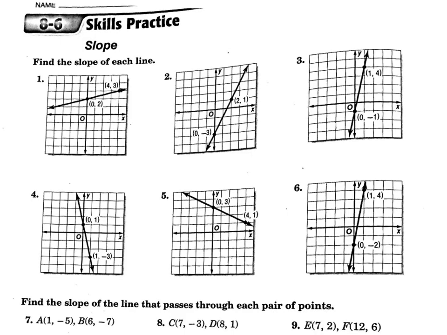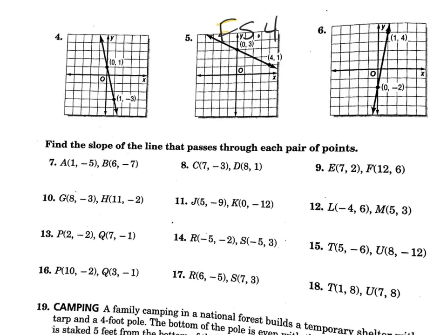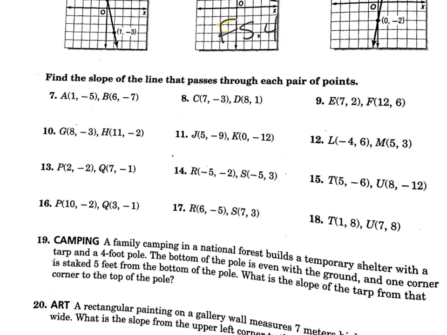Your F5.4 assignment is on Canvas. Notice that you're given points. You could either count the y, count the x, put it as a fraction, or use your slope formula. With these down here, I recommend you use the slope formula.